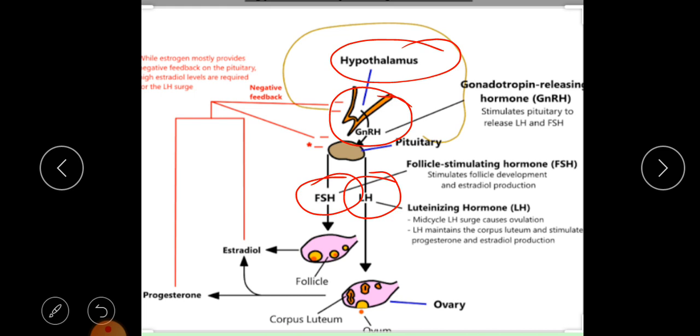Here we see that positive feedback is given by the hypothalamus, which stimulates more gonadotrophin hormone. When it takes positive feedback, it secretes more gonadotrophin hormones, including LH and FSH, because the pituitary is stimulated at a positive level.